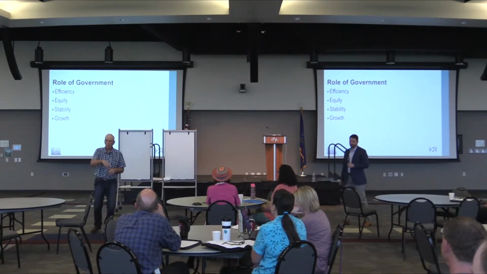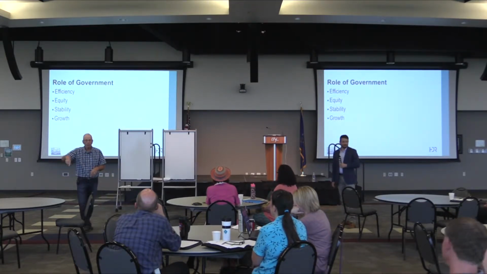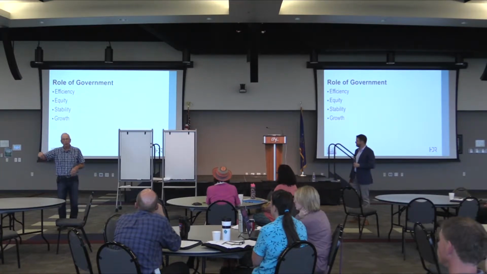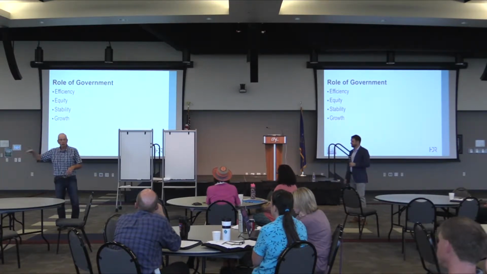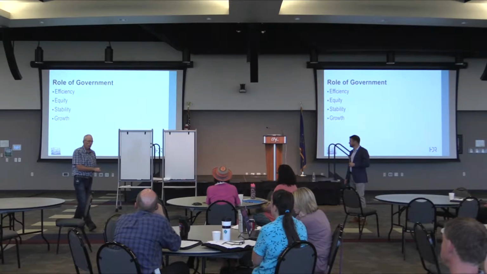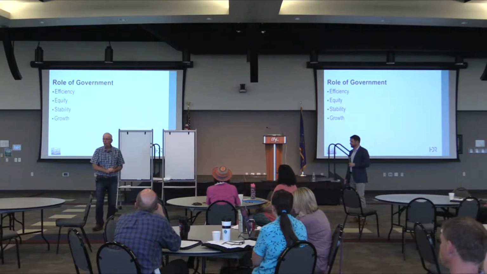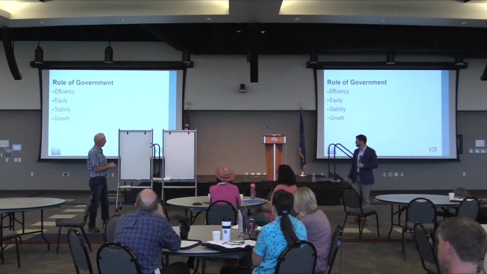Stability: government's role is to stabilize the economy by changing the interest rate, changing the money supply, and doing some other things to kind of flatten it out. And growth. What we're mainly talking about here today is the state's role in efficiency, in efficient use of society's resources.